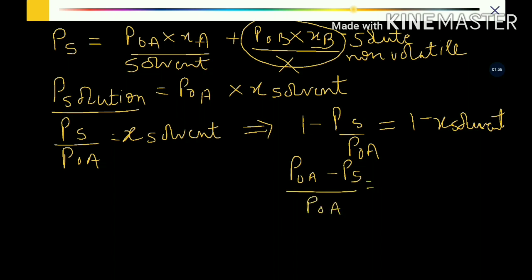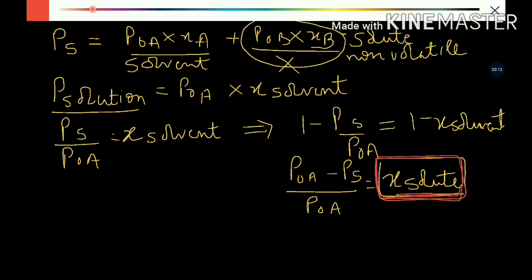So 1 minus the mole fraction of solvent is the mole fraction of solute, and any property which depends upon the mole fraction of solute, that is directly proportional to the number of moles of solute, is known as a colligative property.